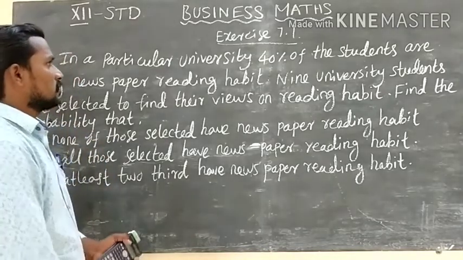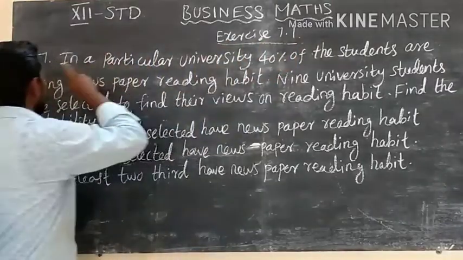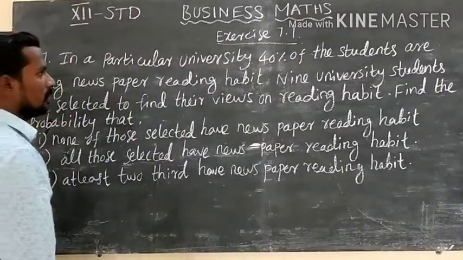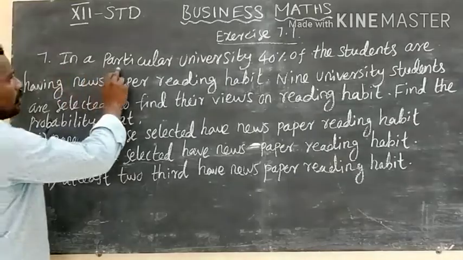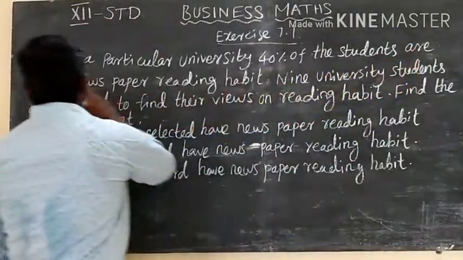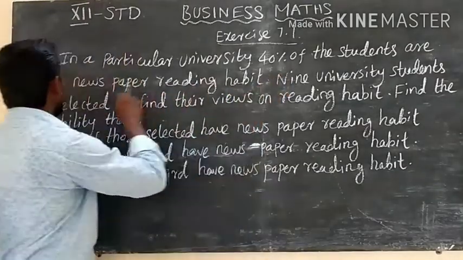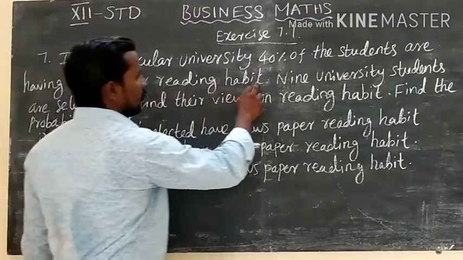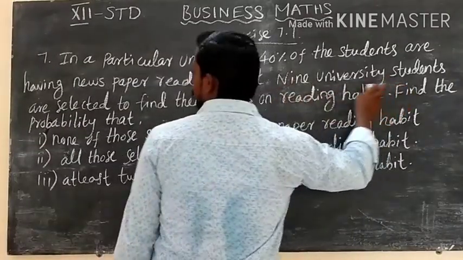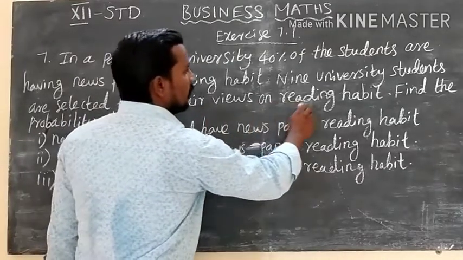Now we are going to see exercise 7.1, question number 7. In a particular university, 40% of the students have a newspaper reading habit. Nine university students are selected to find the views on reading habits.